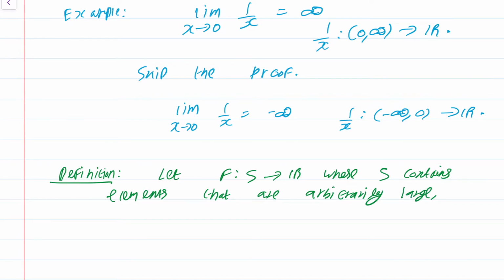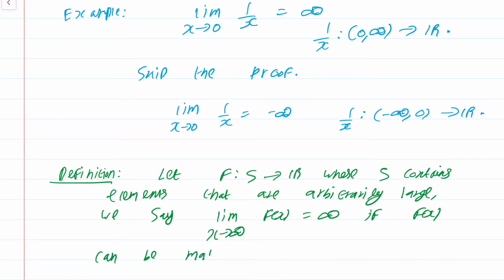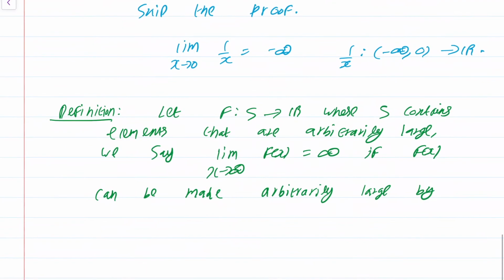We say limit x going to infinity of f of x equals infinity if f of x can be made arbitrarily large by making x arbitrarily large.